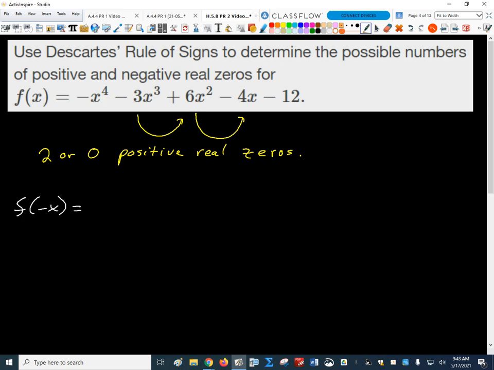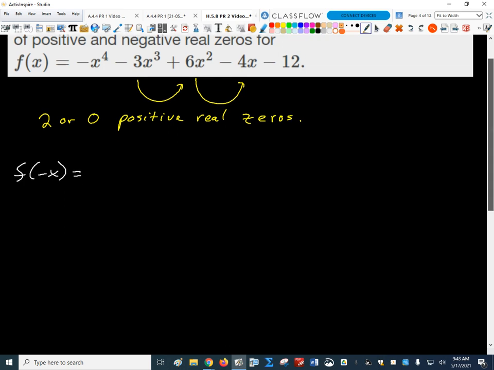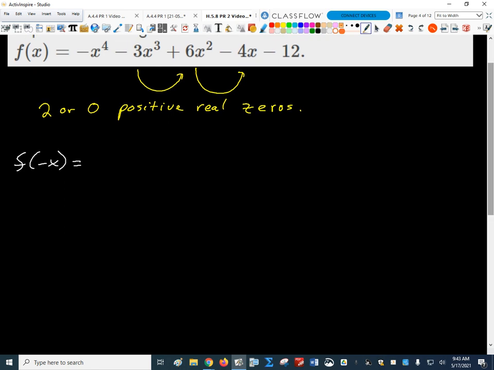Rebecca, what did you get for f of negative x? It stays the same, right?